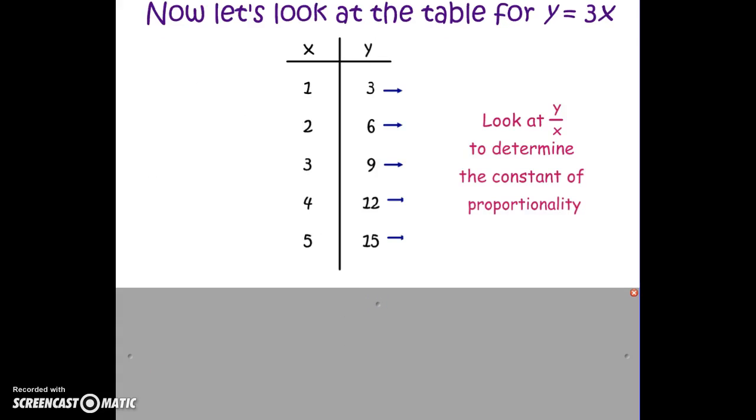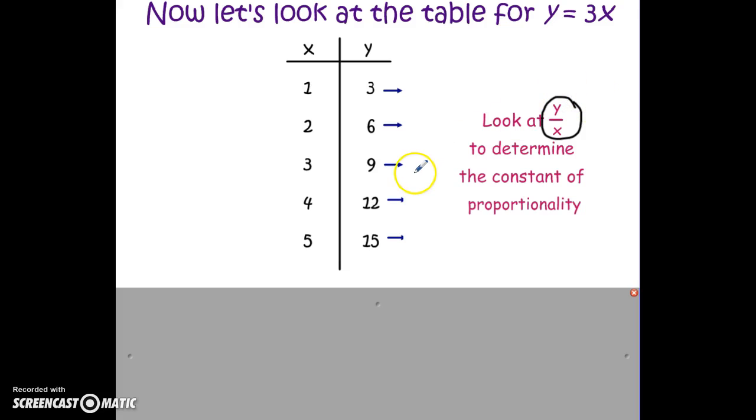Now we're going to look at the table for y equals 3x. You have the exact same table on your paper right next to your graph. And in the third column, which is not located here, it says y/x. That's talking about this ratio of y divided by x.